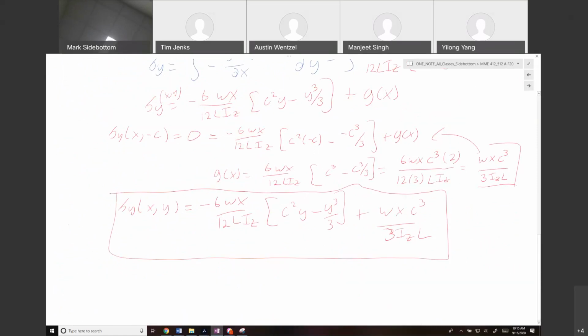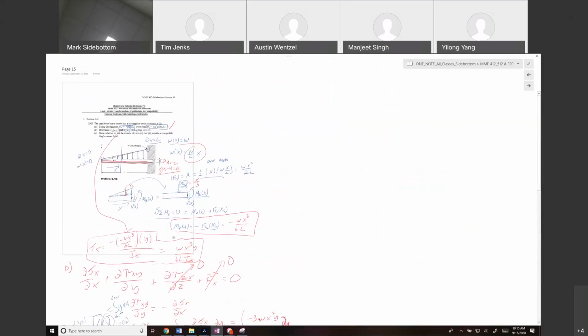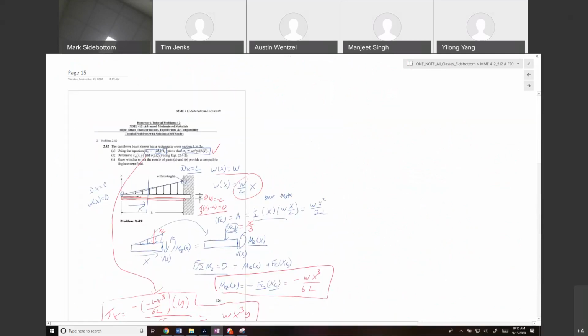All right. So the third part asks you to determine whether parts A and B provide a compatible displacement field. Now, in order to do that, we need to use the compatibility equation.